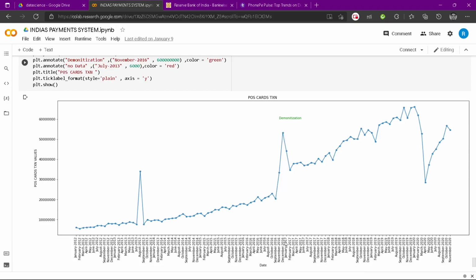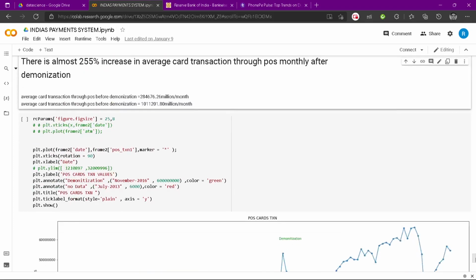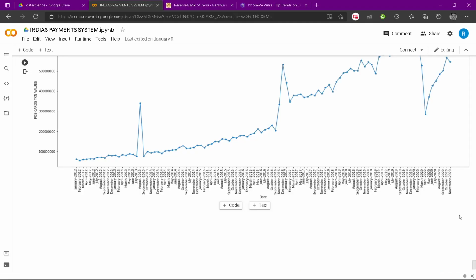In the same phase, we saw a significant decline through ATMs, whereas in POS a significant increase, which also resulted in a lot of transactions. People's spending has changed from ATMs to POS machines.